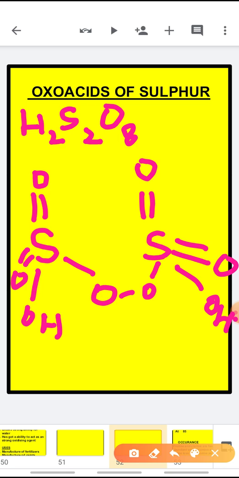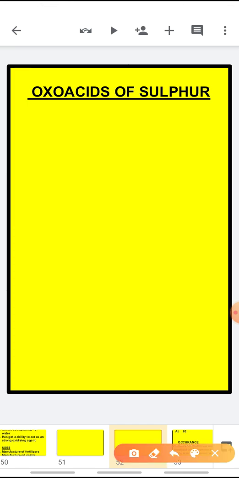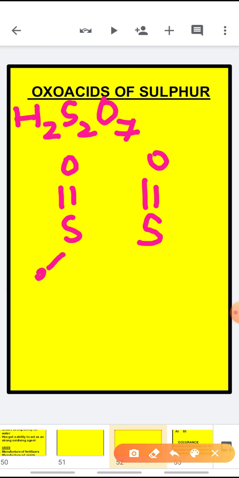H2S2O8. Now coming to the fourth oxo acid of sulfur, that is H2S2O7. What is the name of H2S2O7? Yes, it is oleum, the pure form of sulfuric acid. Just now I told you that it is manufactured by the contact process. Now in this also you can see 1 sulfur, 2 sulfur, double bond O, double bond O, single bond OH, single bond OH.